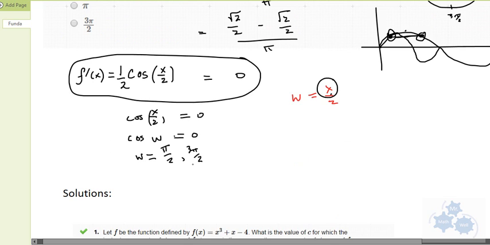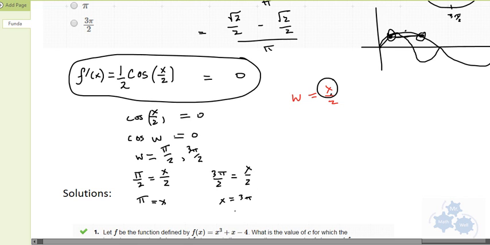X. So what does that mean? Well, that means that pi over 2 equals w, which is x over 2. And so what is that? X equals pi. And also 3 pi over 2 would equal x over 2, and so x equals 3 pi as well.